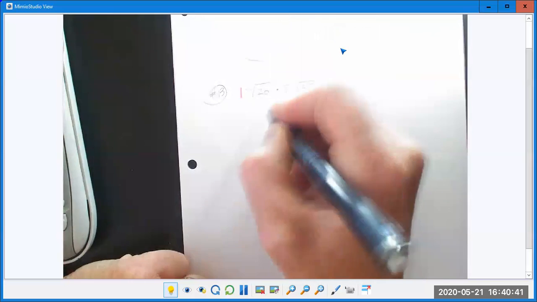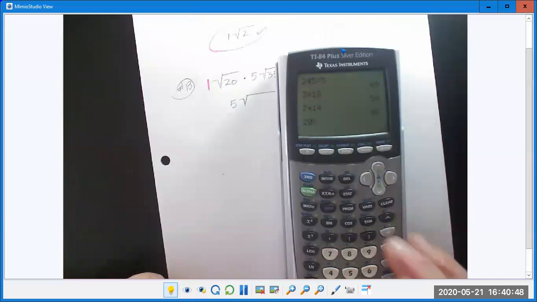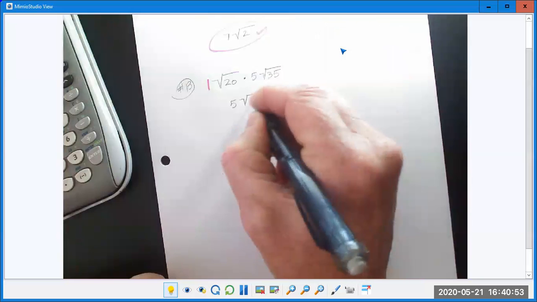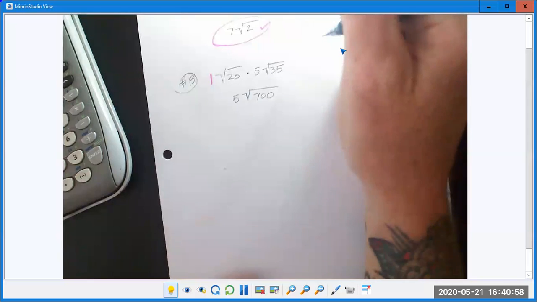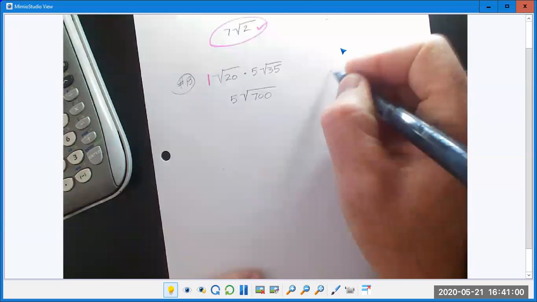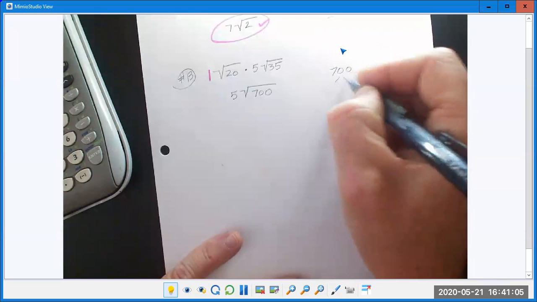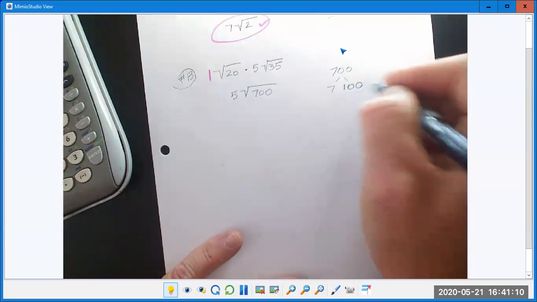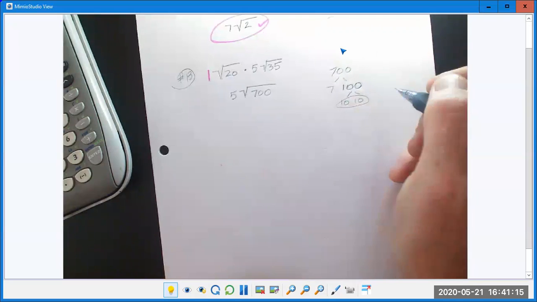So I have 1 times 5 is 5, and then 20 times 35 is 700. That's not too bad. Now 700 is a nice number. We like 100, right? So this breaks down to 7 times 100. 100 is one of our perfect squares, which is 10 times 10. So there's my pair.